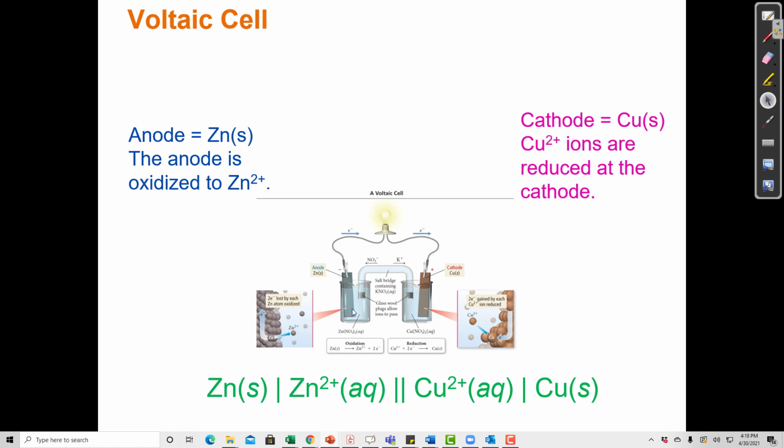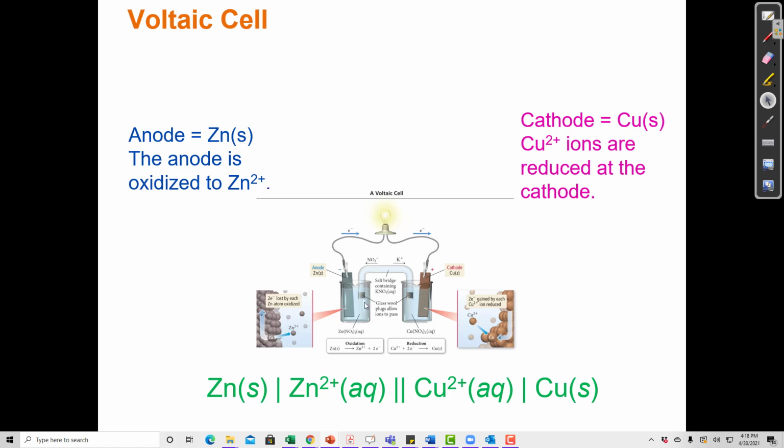So we can draw the picture and determine which way the electrons are going. They don't always go from left to right, though. We have to look at the oxidation and reduction potentials of the materials, the electrodes and the electrolytes in each of the half cells, in order to determine which way the electrons are going to flow in the cell.